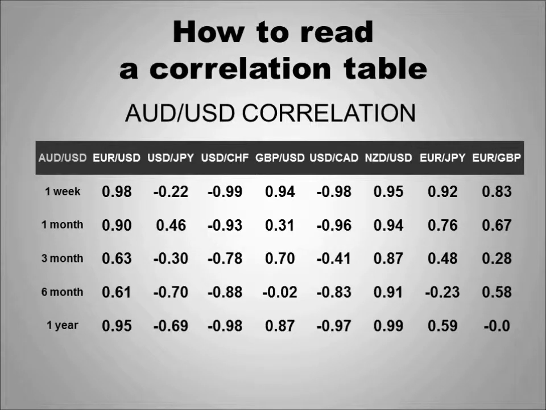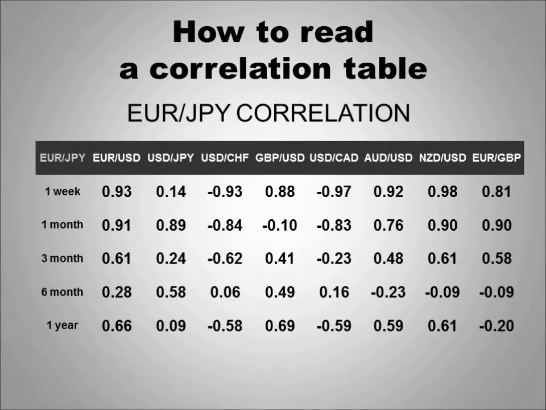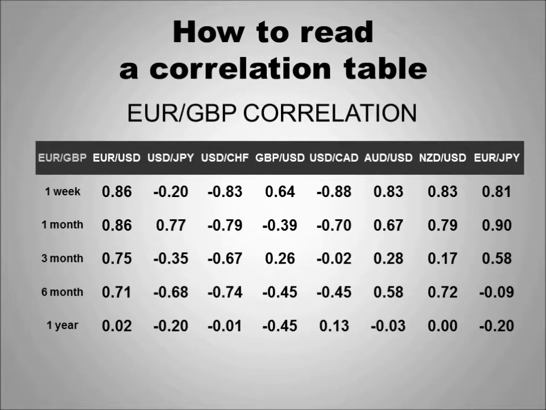So that explains the high positive correlation. And now let's look at the New Zealand dollar, US dollar. And we can still see that correlation with the Australian dollar, US dollar. And now let's shift to the euro yen correlation. And now let's shift to the euro pound correlation.